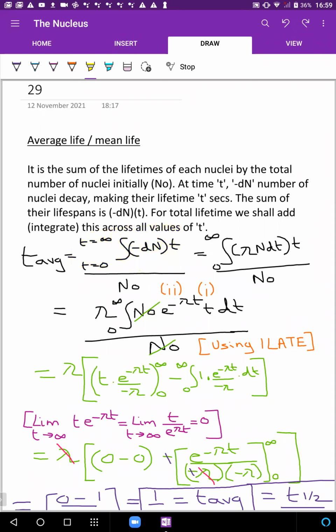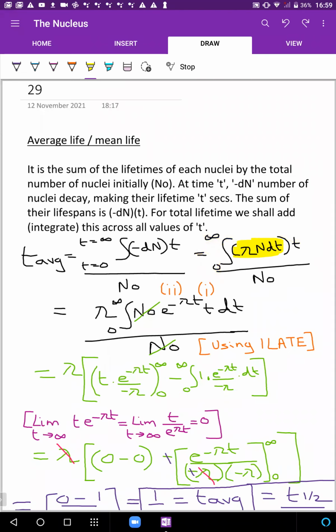Okay, all right. Now what will we do? Here, minus dn: in the beginning, we said minus dn was lambda n dt. So I'm replacing minus dn with lambda n dt, and t is going from 0 to infinity.